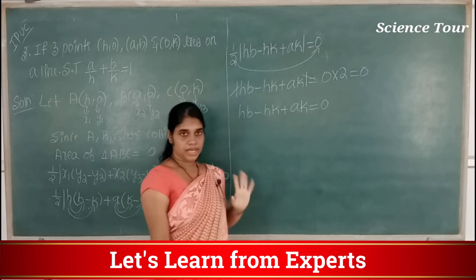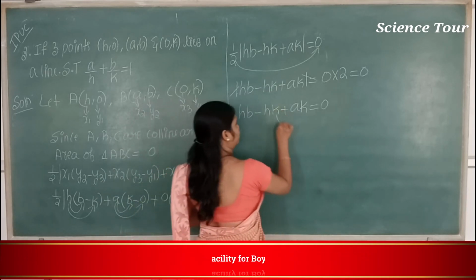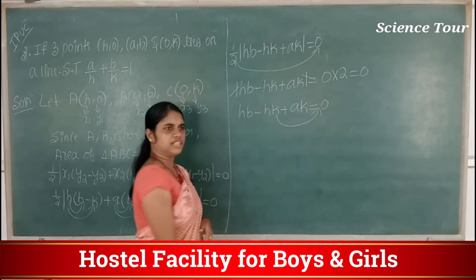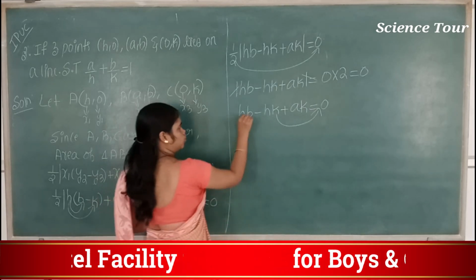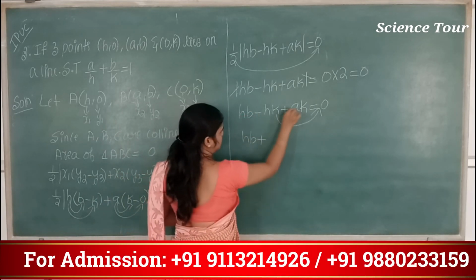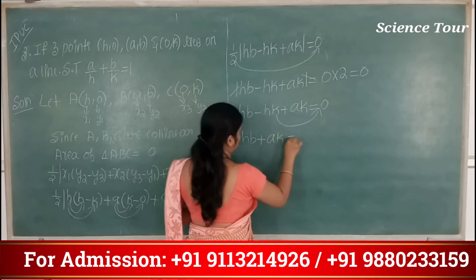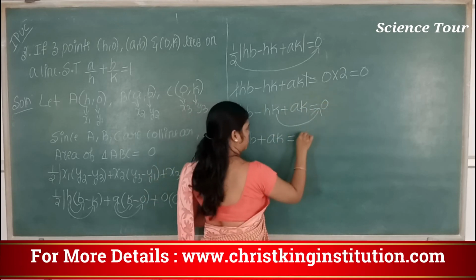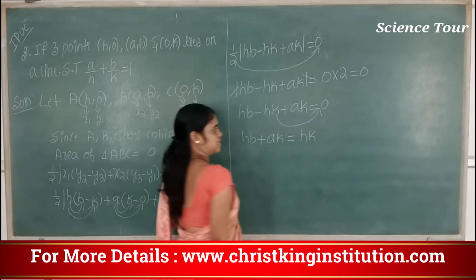Next ak will be as it is. Now I'll shift this minus hk to the right hand side. So hb as it is plus ak as it is. While this minus hk comes to the right hand side, it will become plus hk.